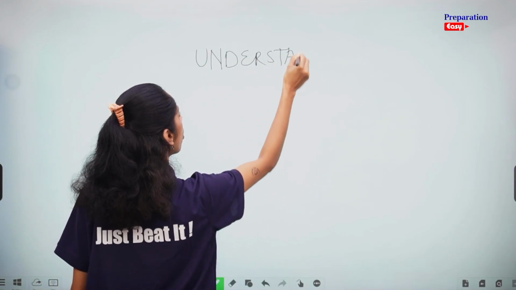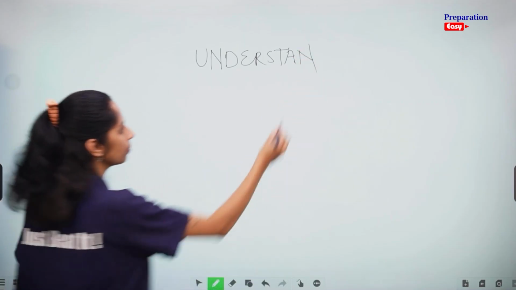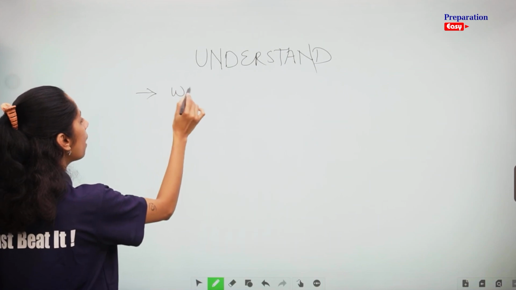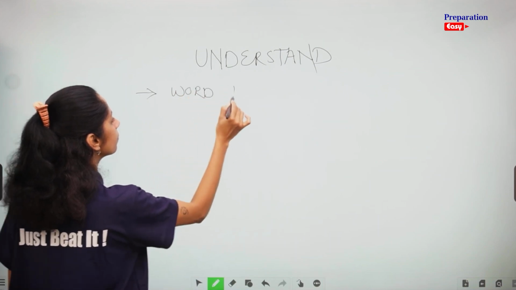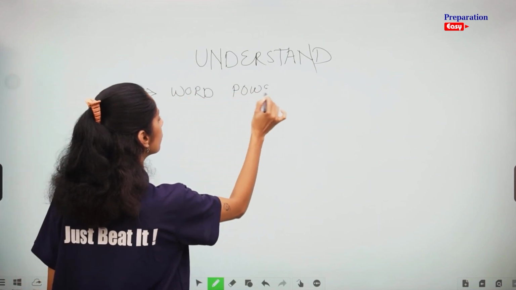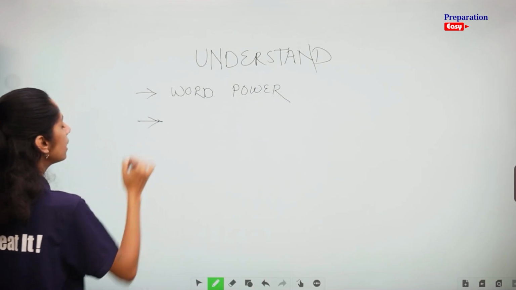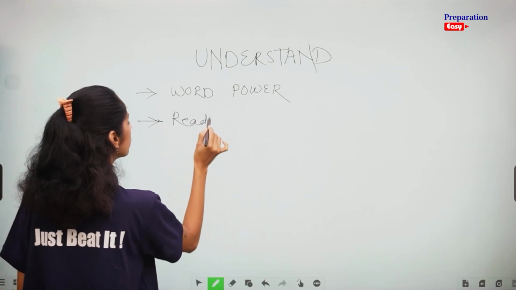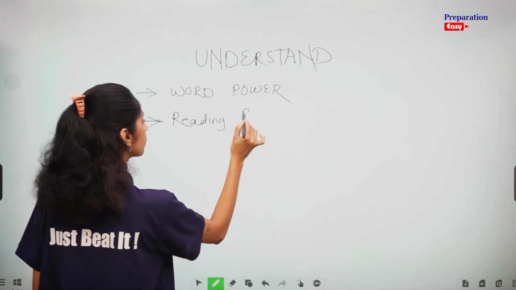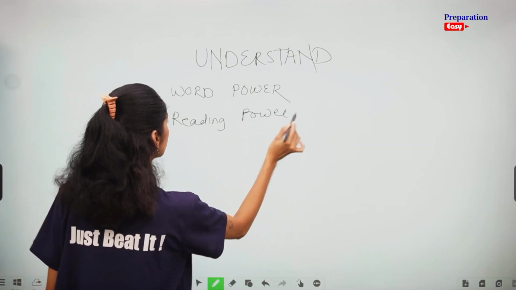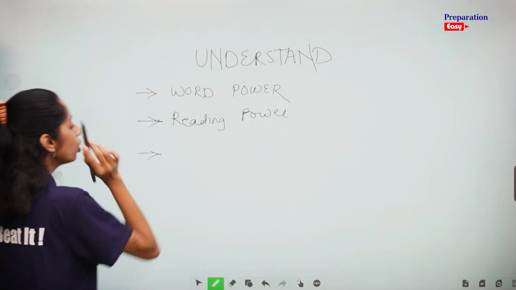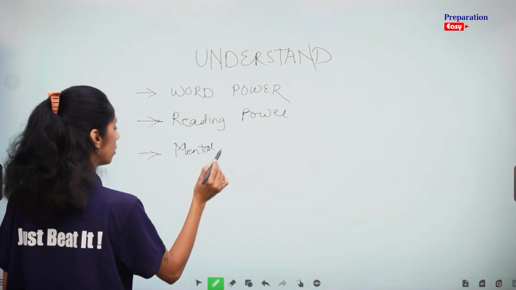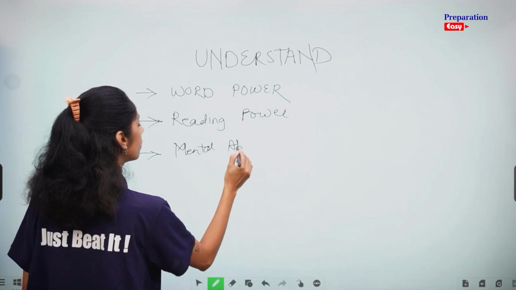First of all, it is all about understanding what your word power is. The next section is about your reading power. Third is about your mental ability to understand.